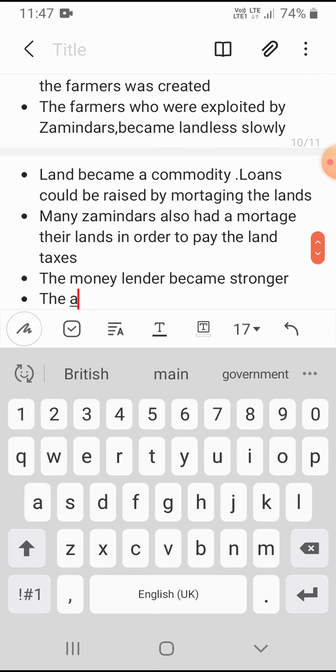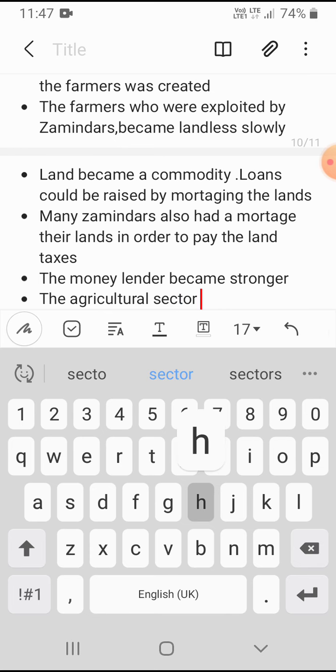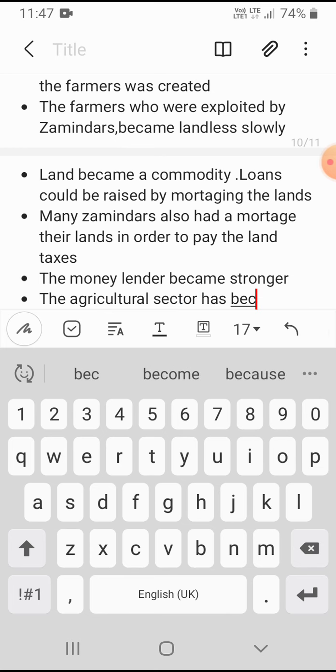And the agricultural sector became commercialized.